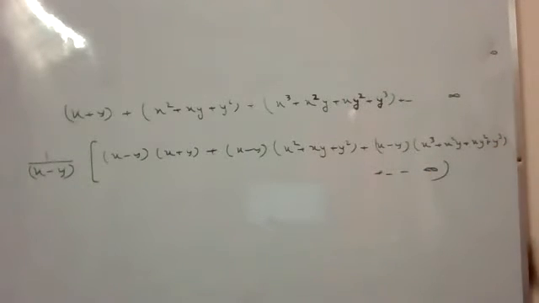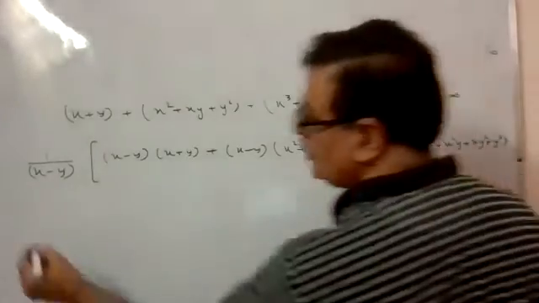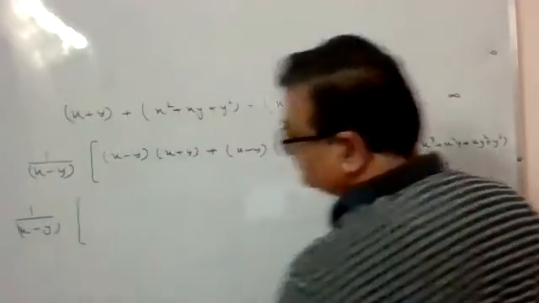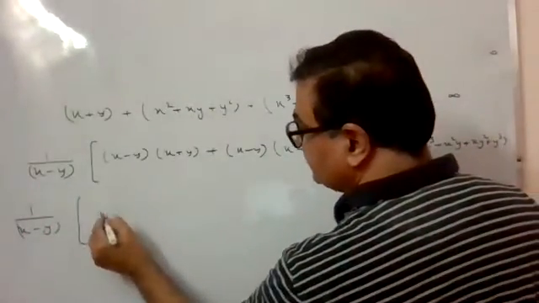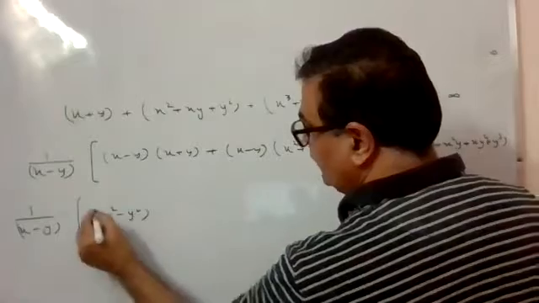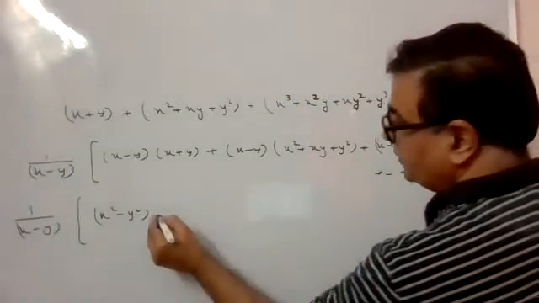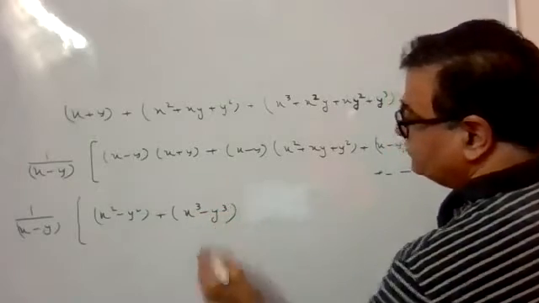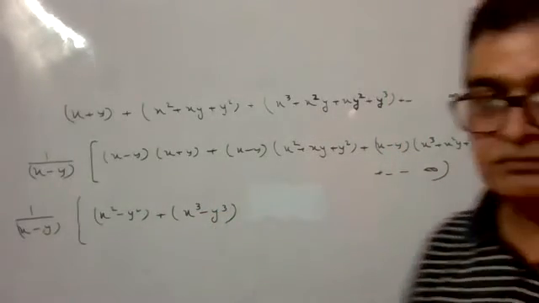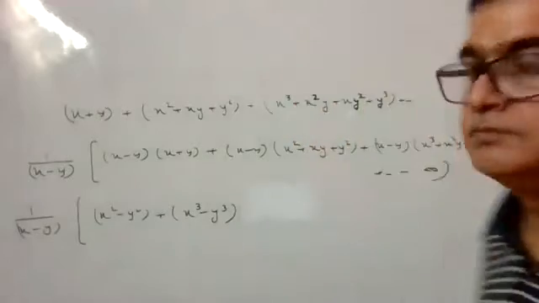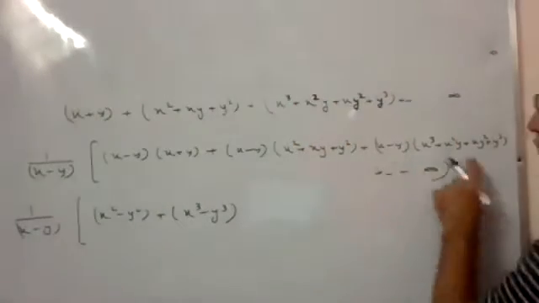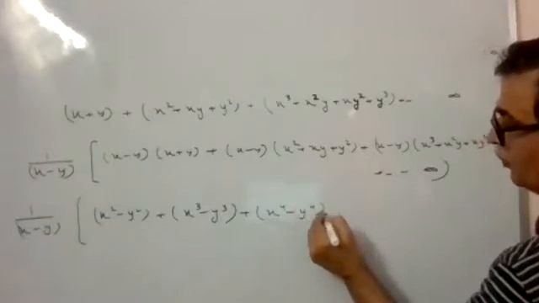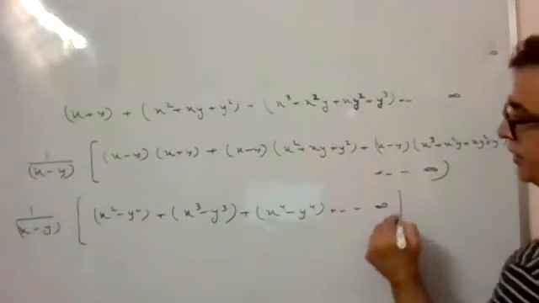So this will be the series we will be having. Just check when you solve it what it will come. 1 by x minus y, and this will come out to be x square minus y square, plus x cube minus y cube, then x power 4 minus y power 4, and this goes till infinity.